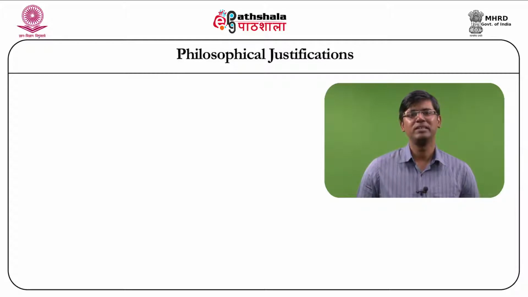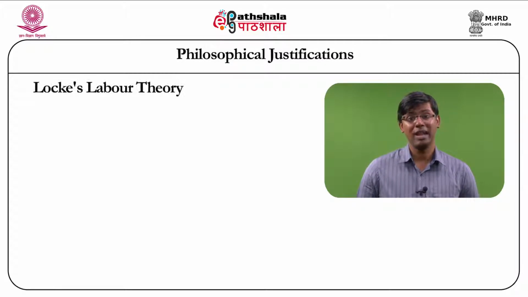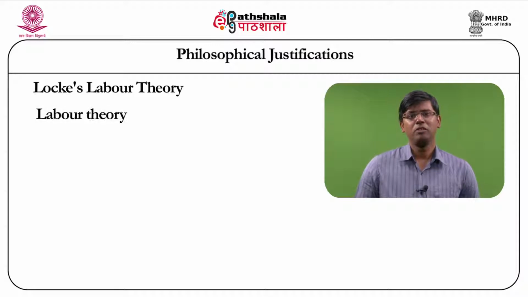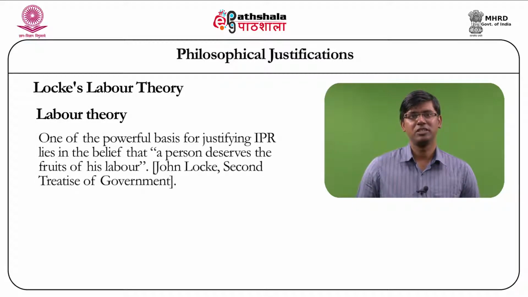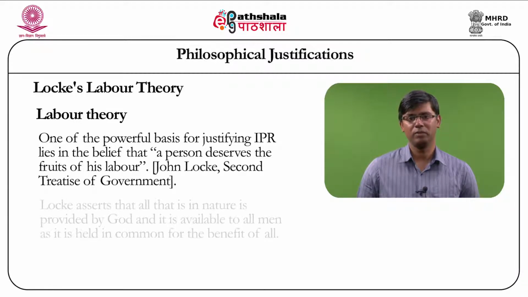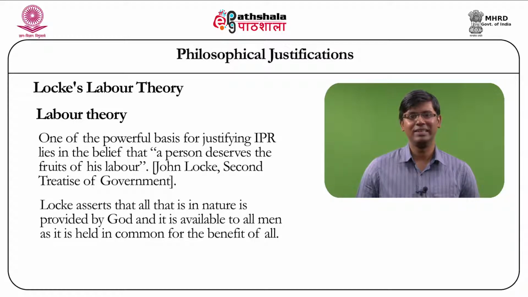Next, we basically look into Locke's labor theory. One of the powerful bases for justifying intellectual property right lies in the belief that a person deserves the fruit of his labor. This was largely espoused by John Locke in his Second Treatise of Government. Locke basically asserts that all that is in nature is provided by God, right?